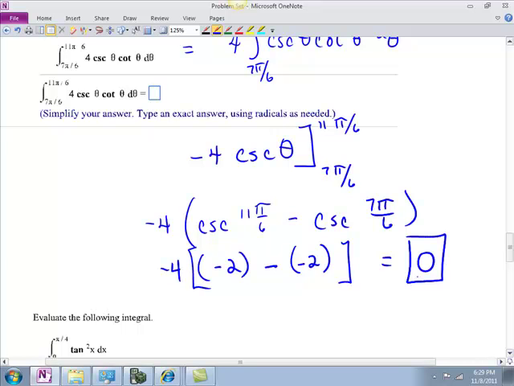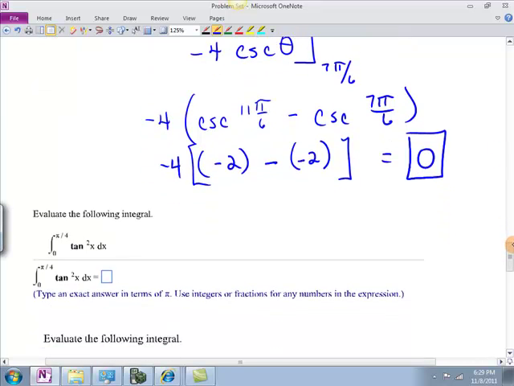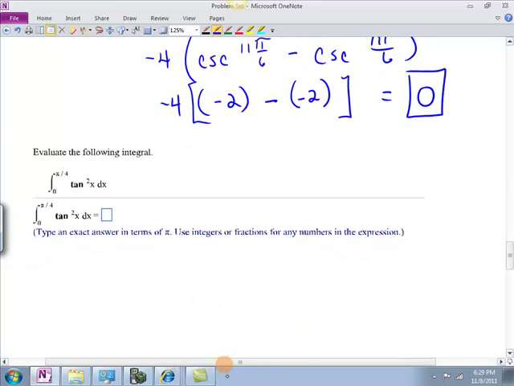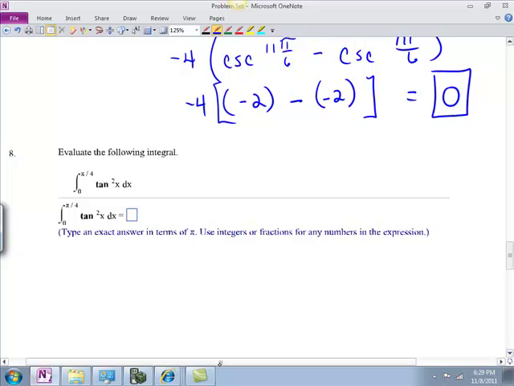All right. Okay, now I want you to look at your chart and see if you can find anything for this one. The integral of tan squared. It's not on there.